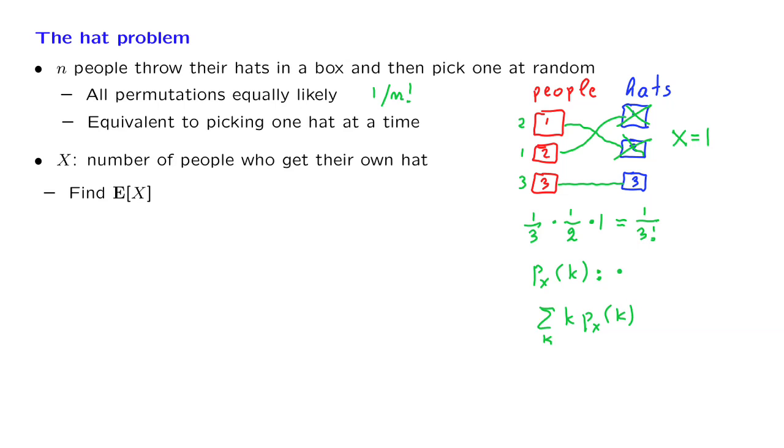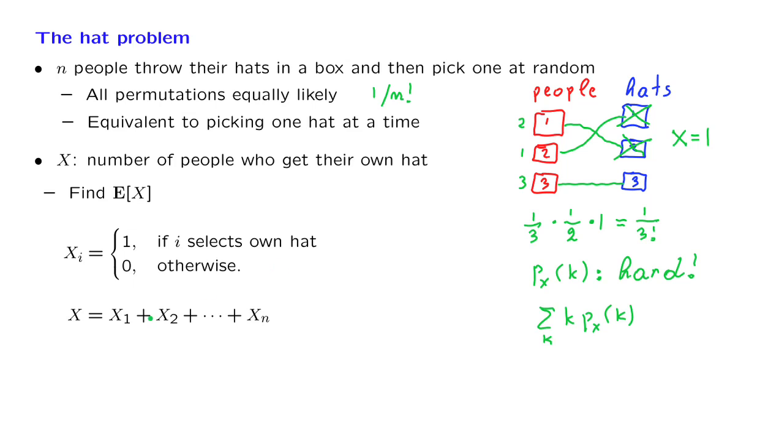Calculating this quantity, the PMF of x, is difficult, and it is difficult because there is no simple expression that describes it. So we need to do something more intelligent, find some other way of approaching the problem. The trick that we will use is to employ indicator variables. Let xi be equal to 1 if person i selects their own hat and 0 otherwise.